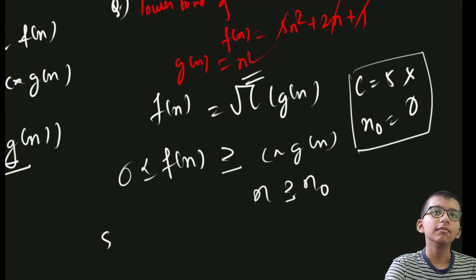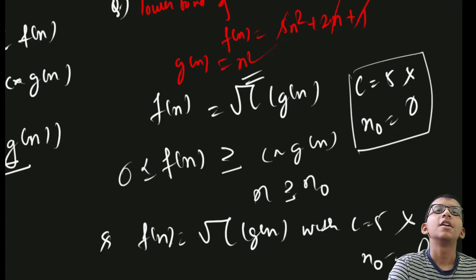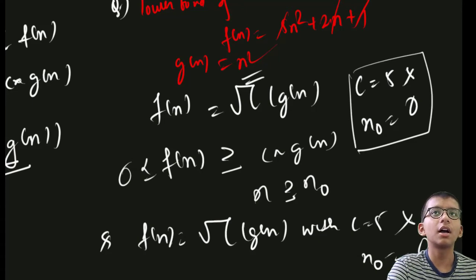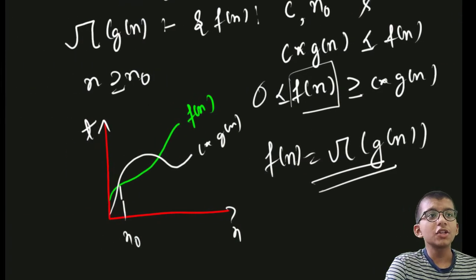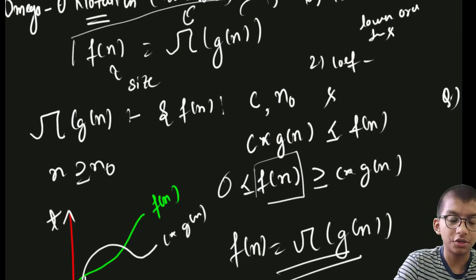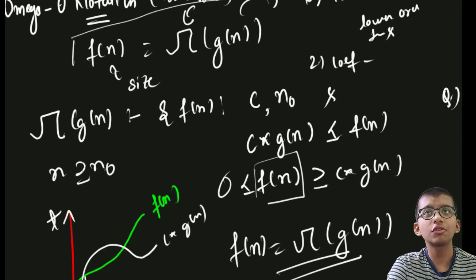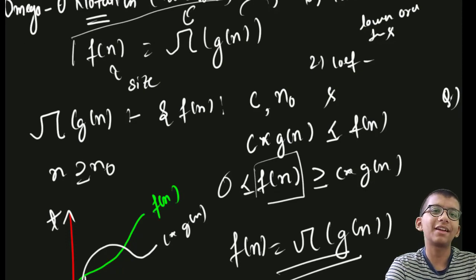We can say f of n is omega of g of n if and only if c equals 5 and n naught equals 0. So this is how all this works about big O notation and omega notation. Okay, so we have talked in more detail about big O and omega. Now it's time for talking about the last notation, which is theta notation. Okay, so let's clear both and then I will come back.